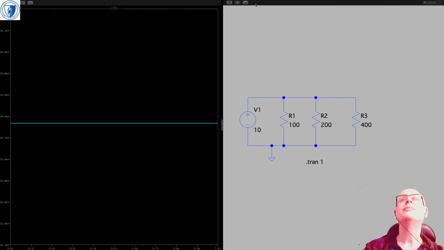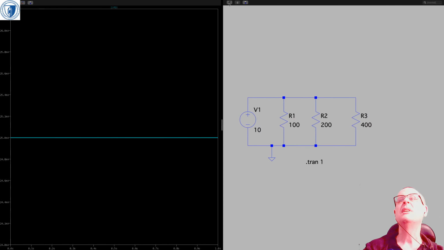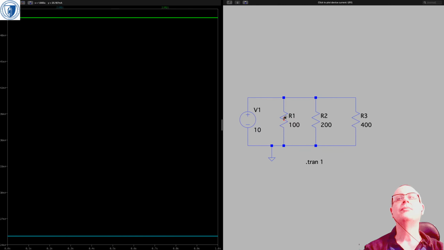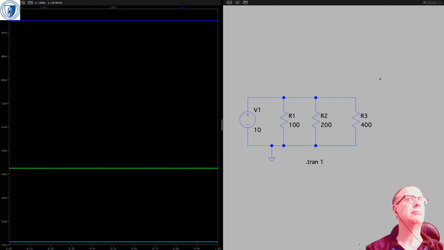Actually, I've got to stop the run and redo it, don't I, to get the change in the voltage. Remember, you can't change device values during a run. It'll continue to have the same value even if you've changed it. That's why it didn't change to 25 milliamps initially. You have to go and hit stop and then restart it again. That looks about right. Okay, that is pretty much all there is to Lab 4.